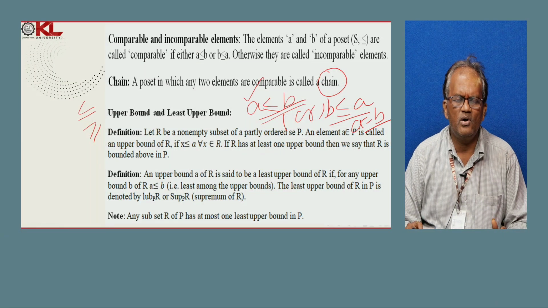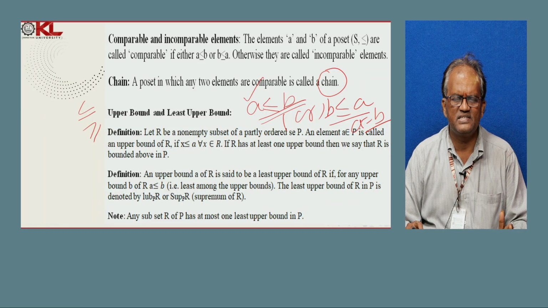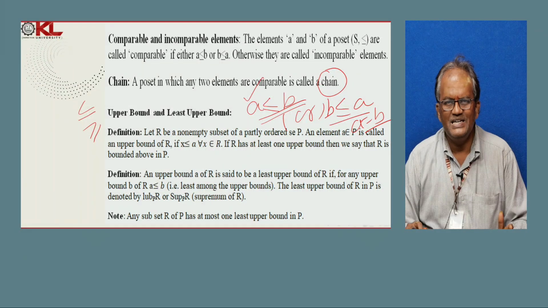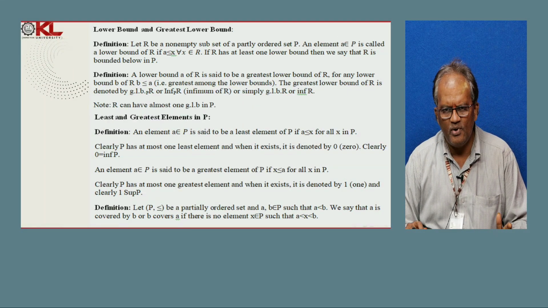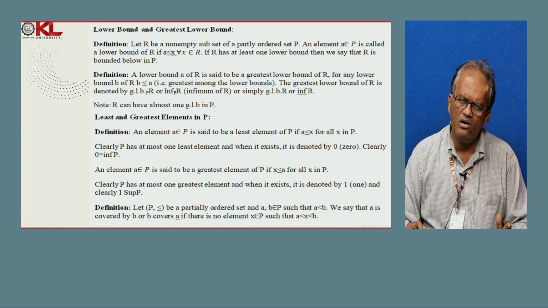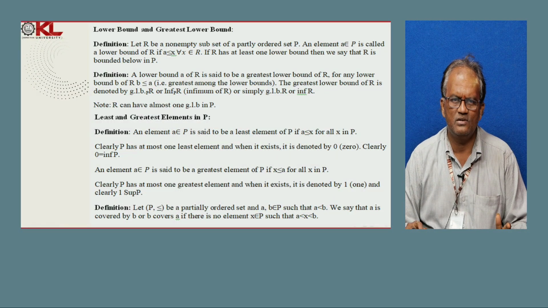Next, coming to upper bound and least upper bound. Upper bound means the element that is greatest in this set. Among the upper bounds, the one which is least is called the least upper bound. Like that, lower bound and greatest lower bound: among all lower bounds, the one which is the greatest is called the greatest lower bound.